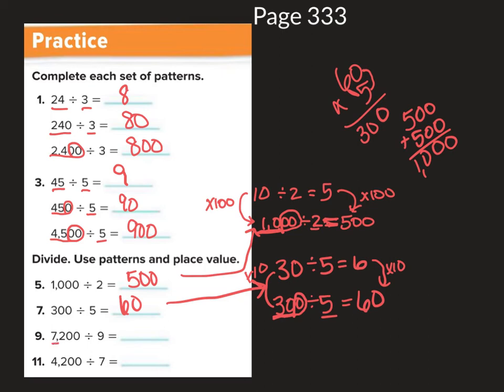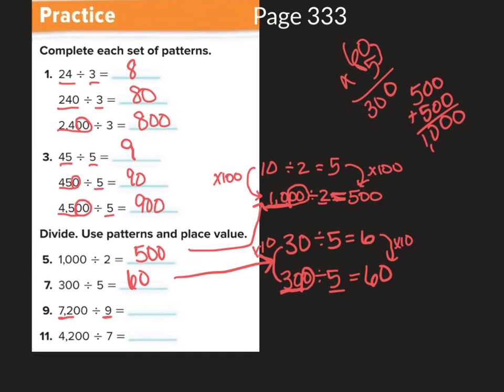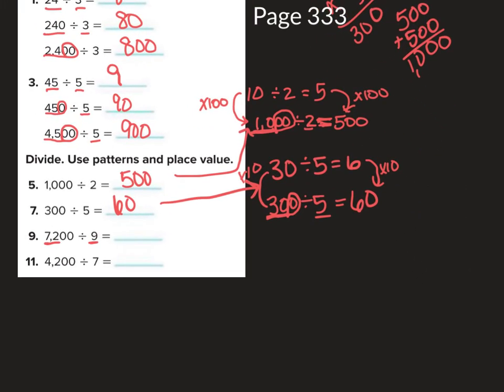Okay, so this one is going to be normal. 72 divided by 9. I'm running out of space here. I'm just going to scooch her up. There we go. Okay, here's this work. 72 divided by 9. Okay, 72 divided by 9 is 8.